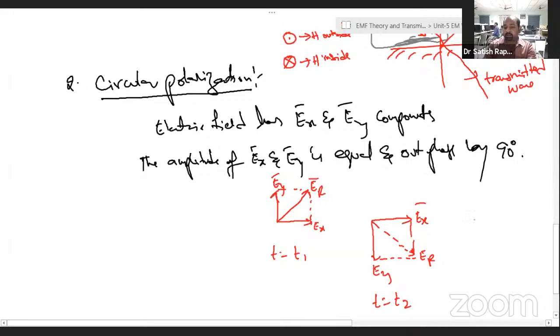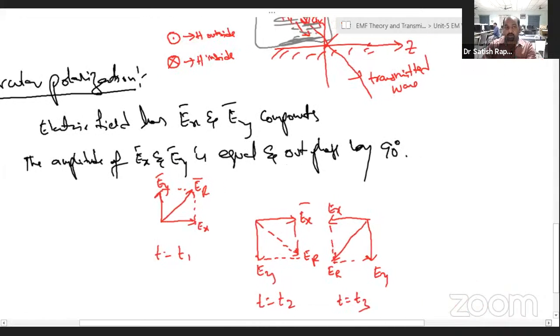Similarly, at t equals t3, this is Ey and this one is Ex, and this is the resultant electric field, at t equals t3.